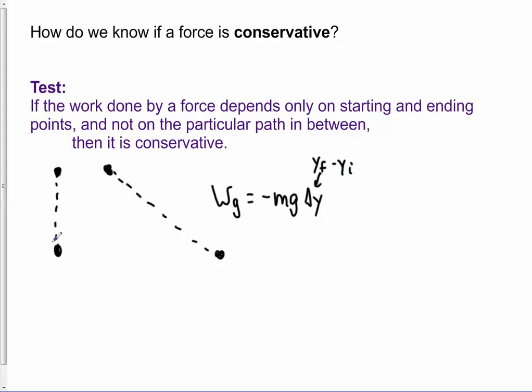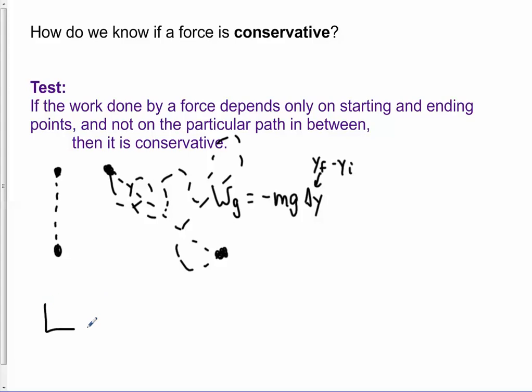And it didn't matter how you went in between. In fact, if you started here and did all kinds of crazy maneuvers but ended up in the same place, gravity would still do the same amount of work. So it only depended on the starting and ending points, not on the particular path it takes. So that's why it was conservative.